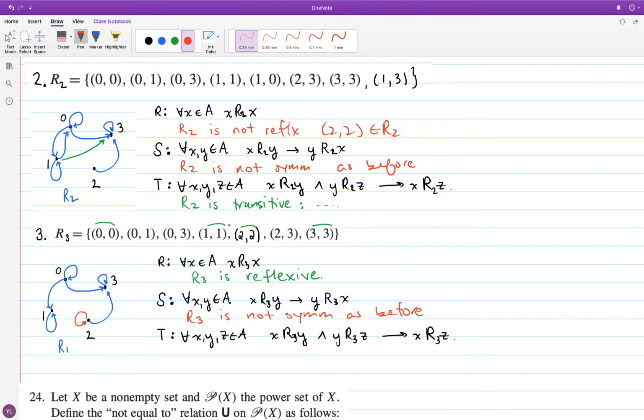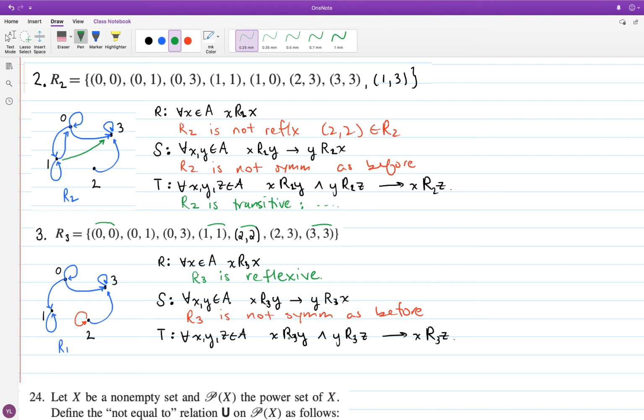And maybe this is the most subtle one of all of them. This relation is transitive. The point is that the front end of this conditional is just very rarely satisfied. So, take a look. 0 is related to 1, but 1 isn't really related to anything else. So I don't really have a 0 to 1, and then 1 to some other number to check. I do have 0 is related to 1, and 1 is related to 1, but as we've noted before, that easily gives us that 0 is related to 1.